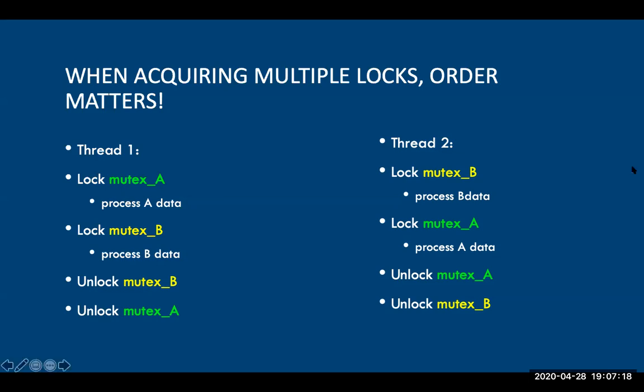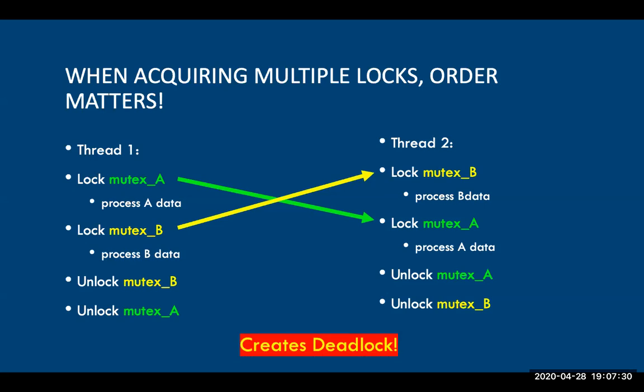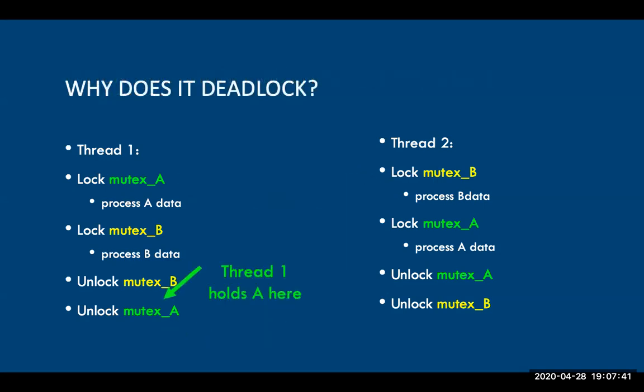But thread 2 here locks these things out of order. If that happens, we lock mutex B and then we try to lock mutex A, this is going to create a deadlock every time. And it's not immediately obvious why, which is why it's so hard to debug these kinds of problems. But basically, when we grab mutex A, we're going to wait there until A is available.